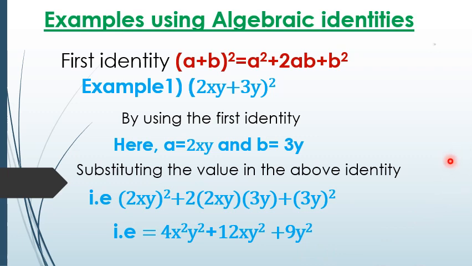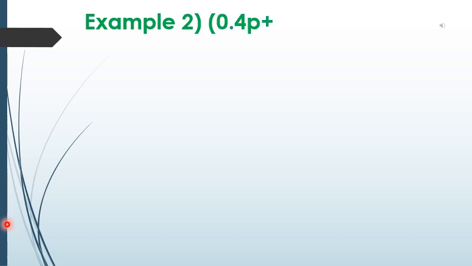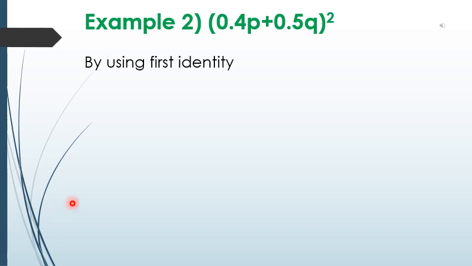Let us move to the next example. Example 2: (0.4p plus 0.5q) whole square. We should use our first identity, that is (a plus b) whole square is equal to a square plus 2ab plus b square.